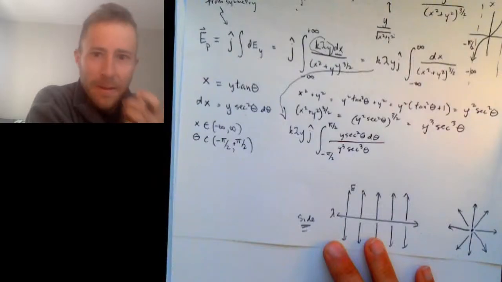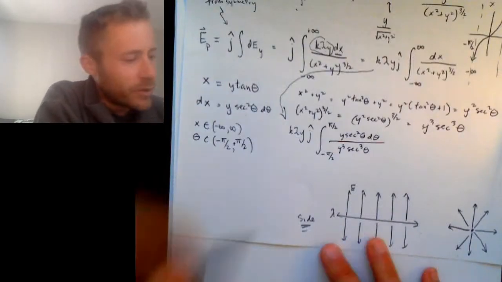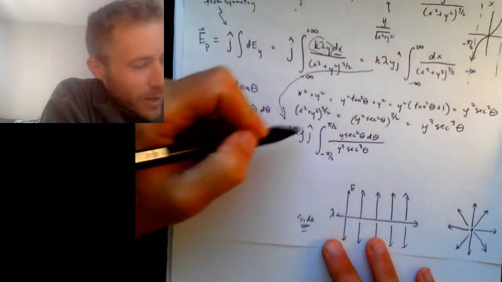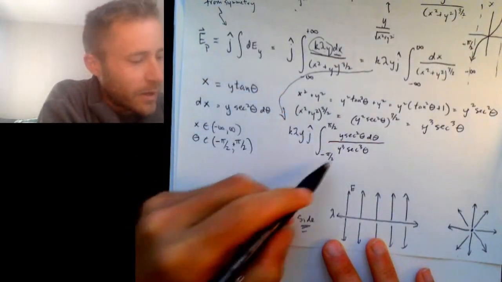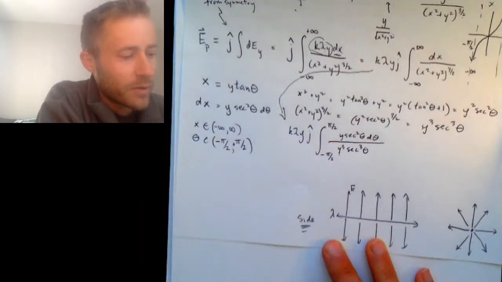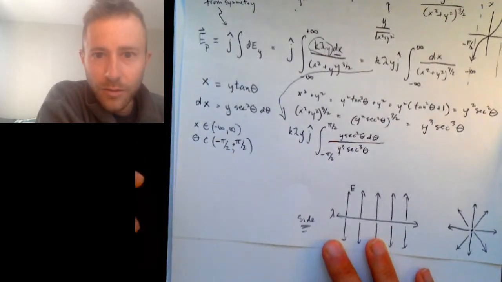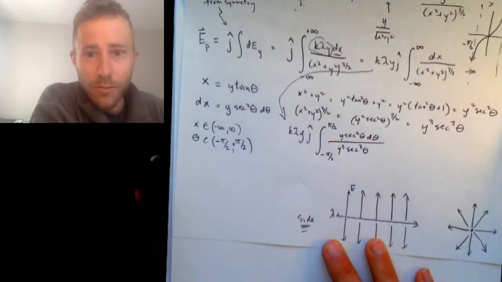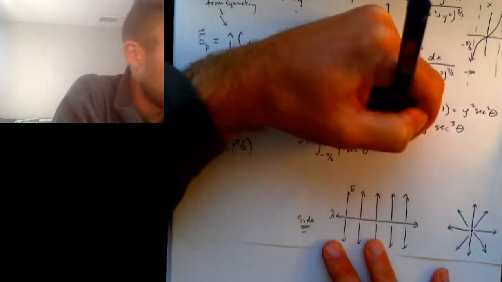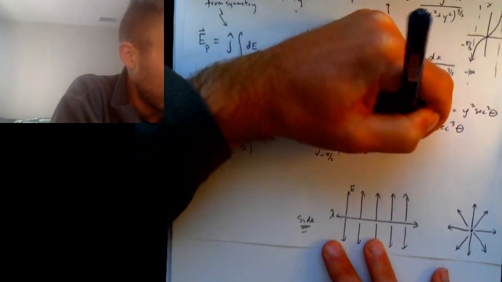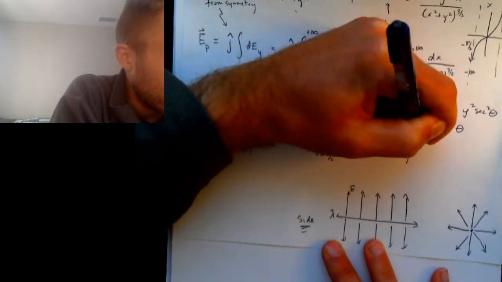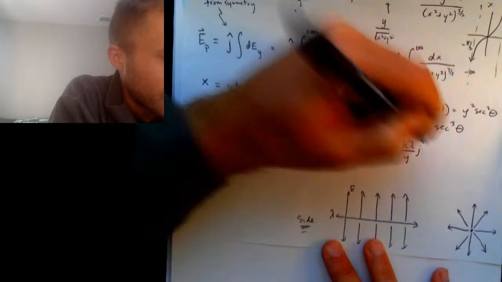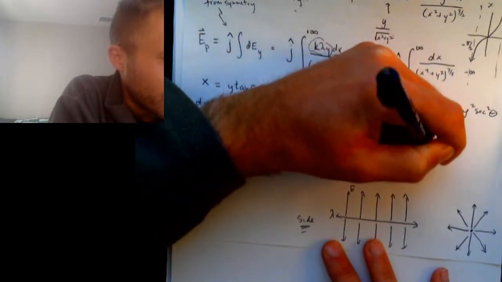One of the things we can see is that I have 2 factors of y on the numerator and 3 factors of y on the denominator. Those are going to cancel out and make 1 factor of y in the denominator. So we get k lambda over y times j hat times the integral from minus pi over 2 to pi over 2.